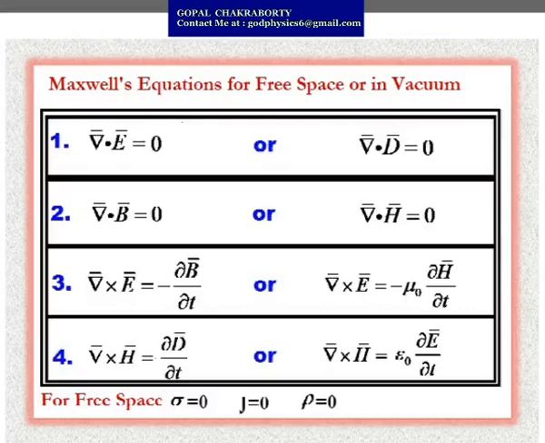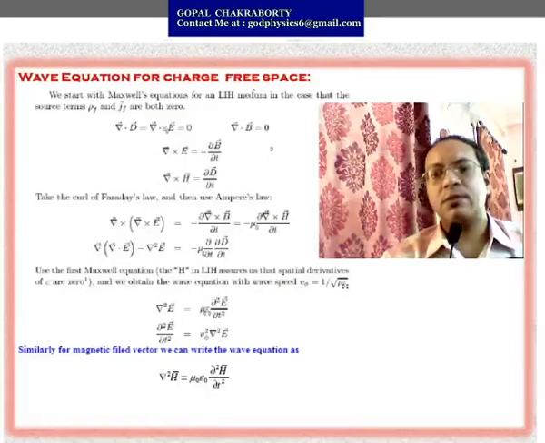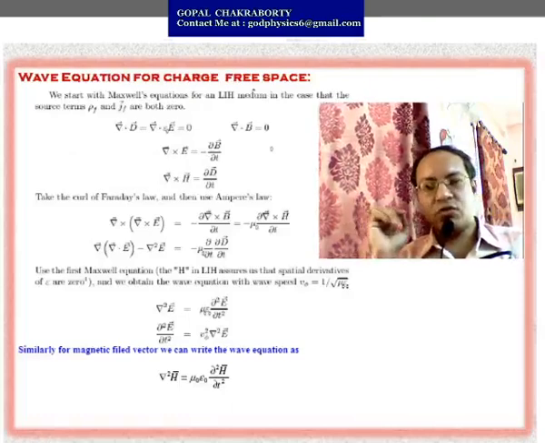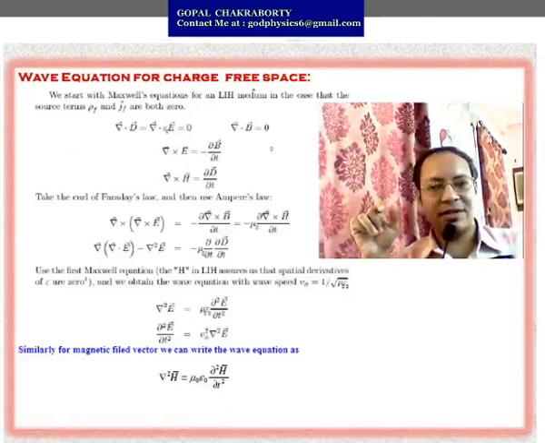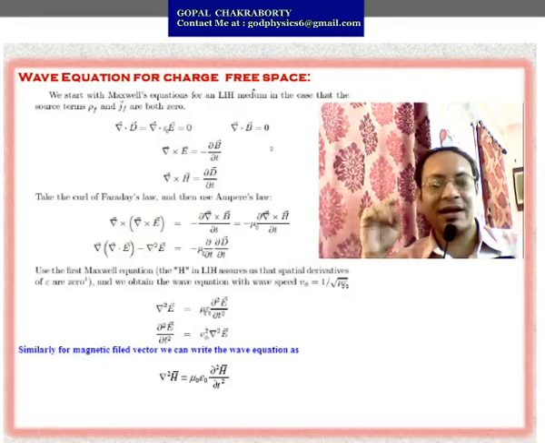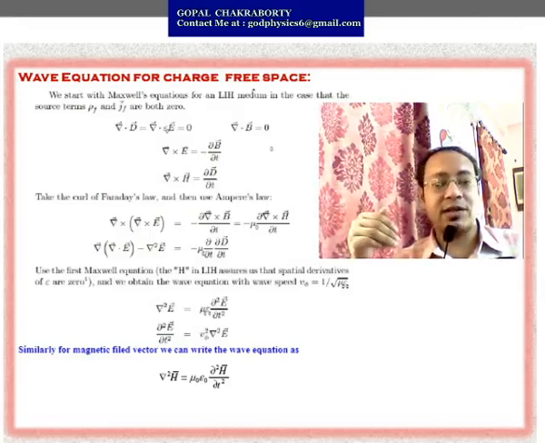So now I will show you how to derive the wave equation for free space. First you need to know the procedure. You don't try to remember all these things, okay? You just try to understand how you will derive or solve this kind of derivation.